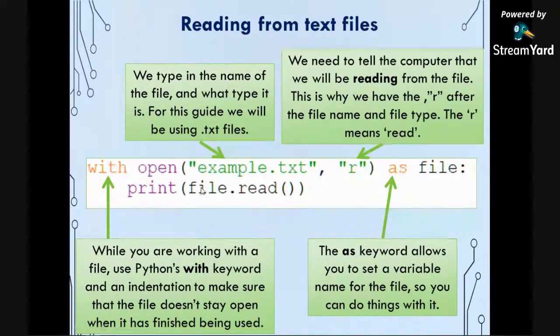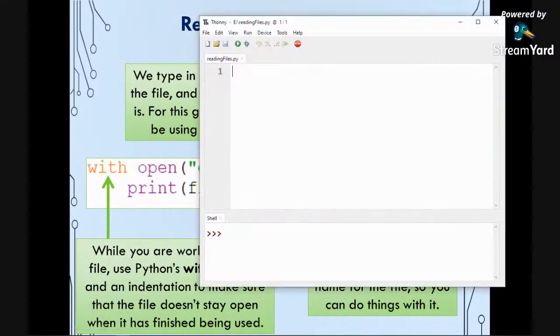What it's actually doing here is saving it as a string, because a file in itself is not a string, it's a file. Even if everything in that text file is a string, if you try to print out file without saying file.read, it would look very different. So I'll quickly show you an example of what that might look like if you were to print out file instead of file.read.